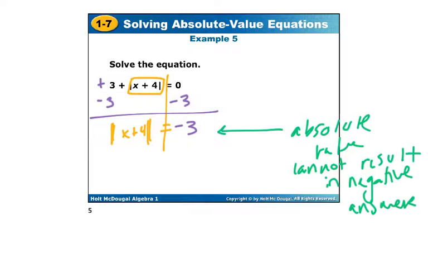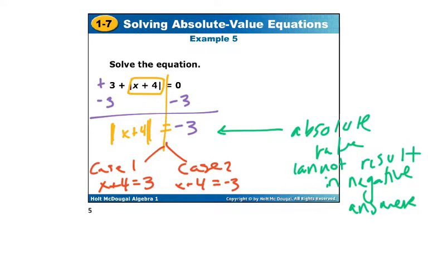However, if you were just trying to work through it and go fast, you would have just said, oh, okay, case 1 is x plus 4 equals a positive 3, and case 2 is x plus 4 equals a negative 3. Right? What's the difference? But the difference is that in our previous statements, the 3 has been positive, or any number on that side has been positive. And so we can say these cases, but because it is negative, these cases literally don't even exist.